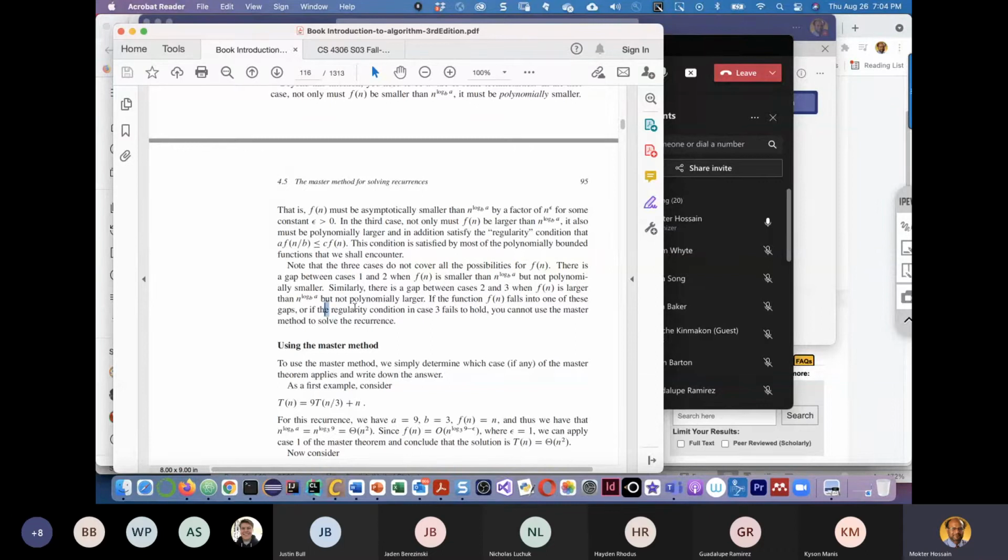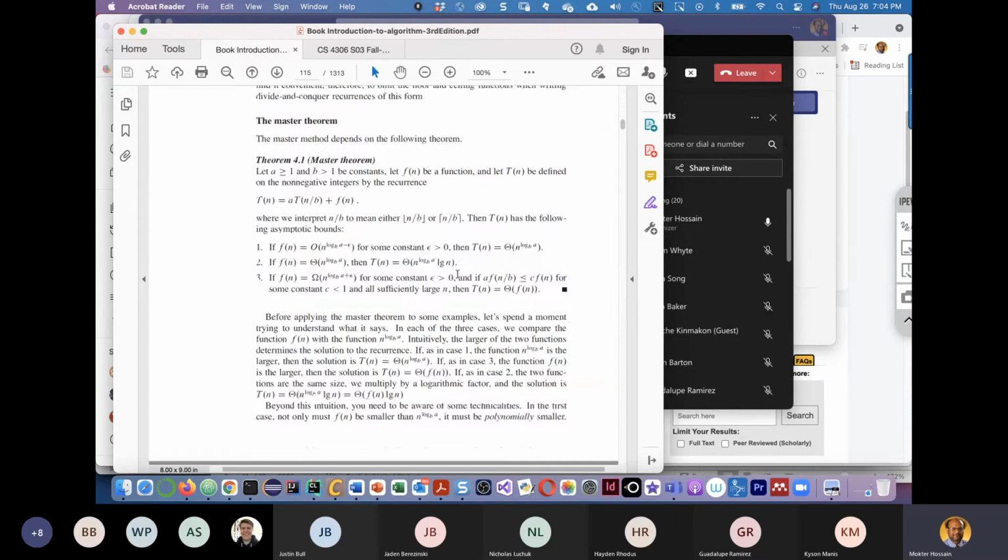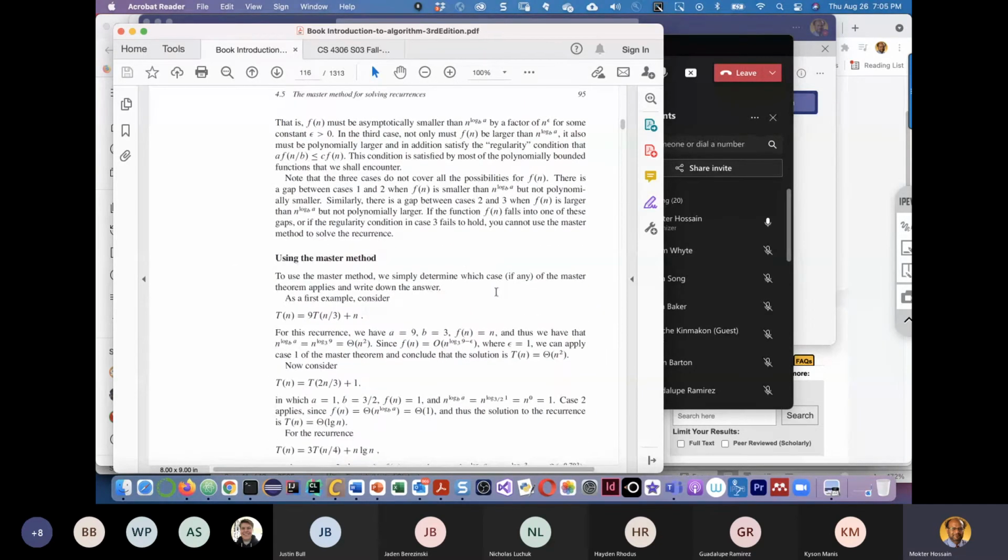The regularity condition for case 3 is here, the additional condition for case 3. If that regularity condition fails to hold, then we cannot use the Master Theorem to solve the recurrence.